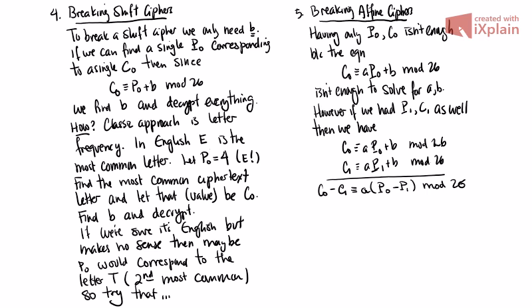But in this case, we're assuming that there's a solution, or rather, we assume that the GCD divides C0 minus C1.